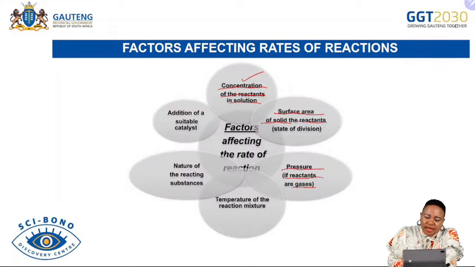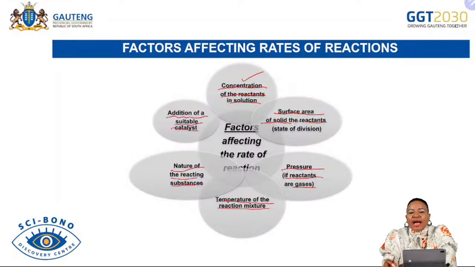Temperature of the reacting mixture, which is also another factor that can affect the rate of reaction. Nature of reacting substances. Also, it depends on what the phase of the reacting substances is, and we'll look at the phase and also give a conclusion to say how it can affect the rate of reaction, and adding of a suitable catalyst.